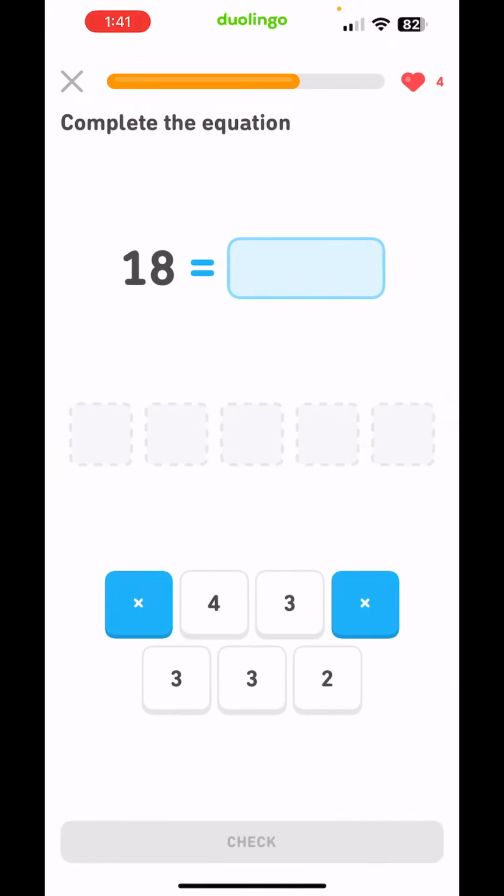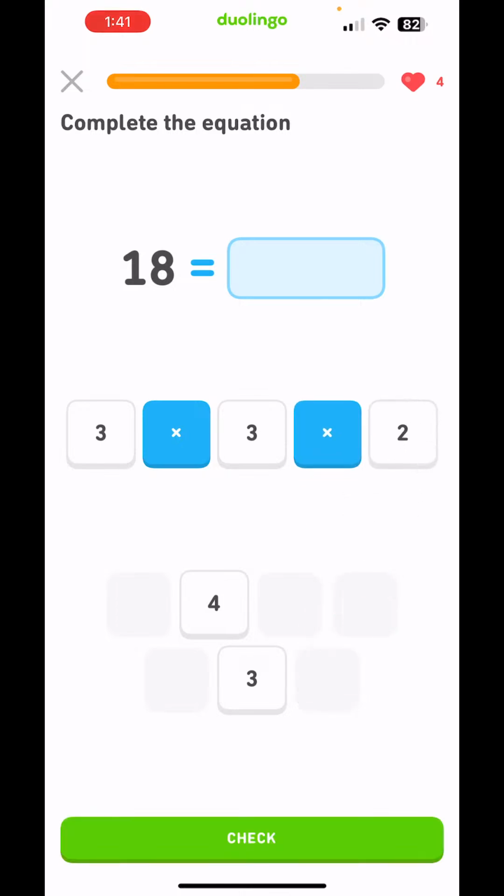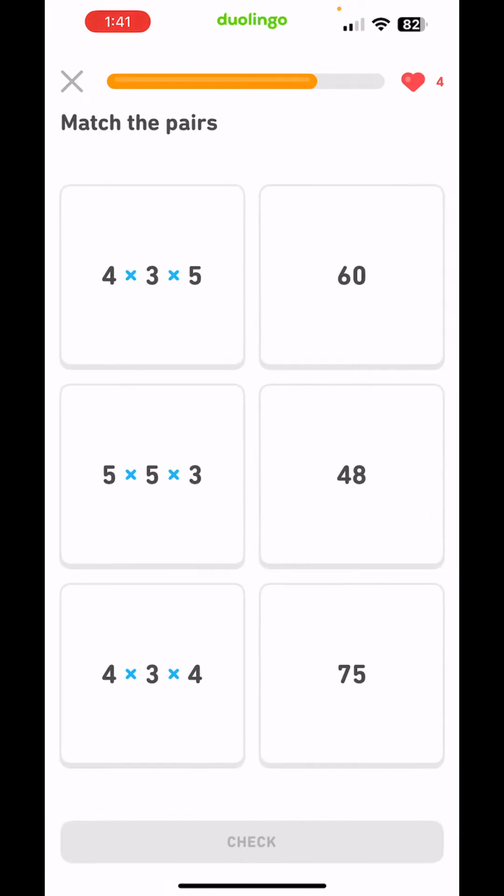Right. What times what is 18? Oh, well, we need to do a combination of sorts. So let's see. 3 times 3 is 9. 9 times 2 is 18. Okay. All right, so we have 4 times 3 is 12. 12 times 5, is that 75?